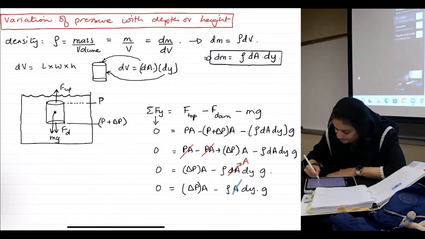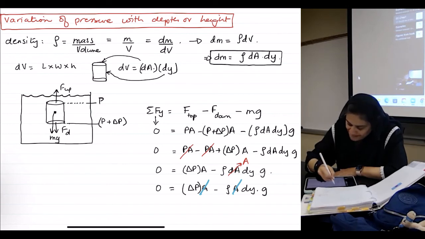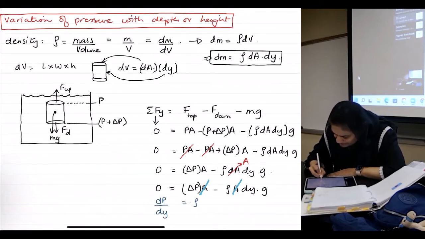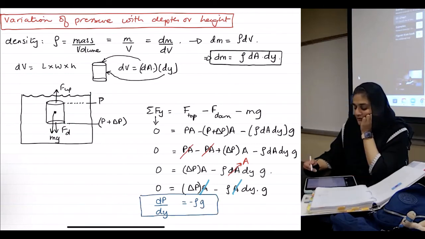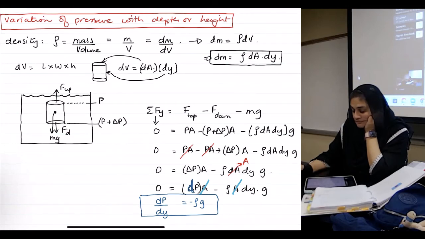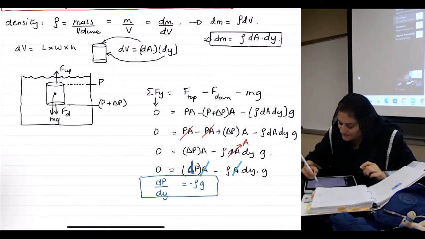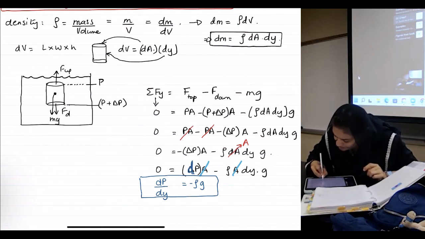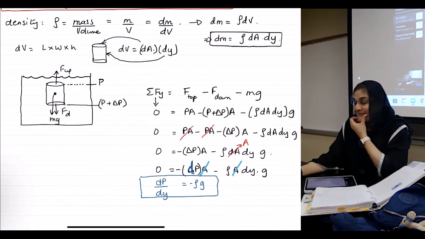Or I can simplify this as dP over dy equals minus rho g. And I've just converted this delta into d. Oh, except for this minus. That should be a minus, right? That should be a minus, and that should be a minus. My fault.